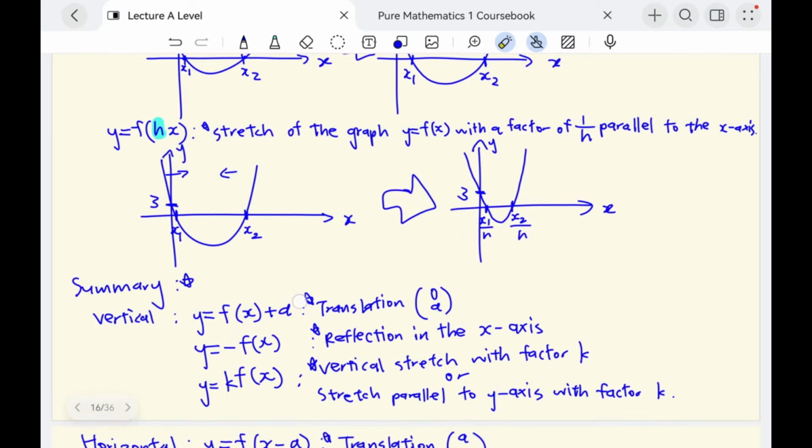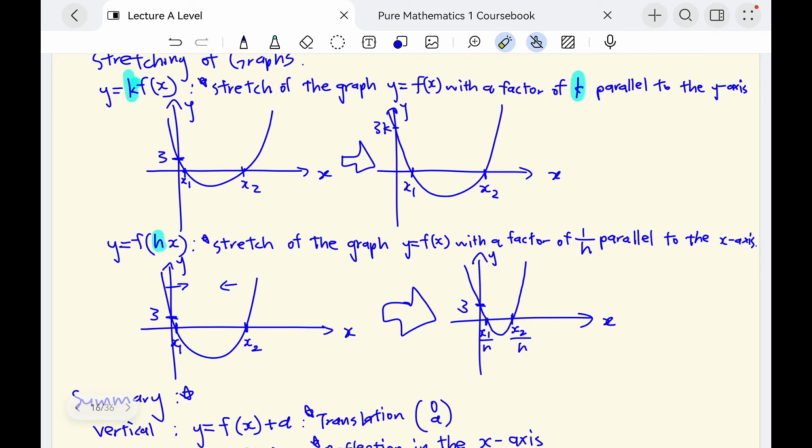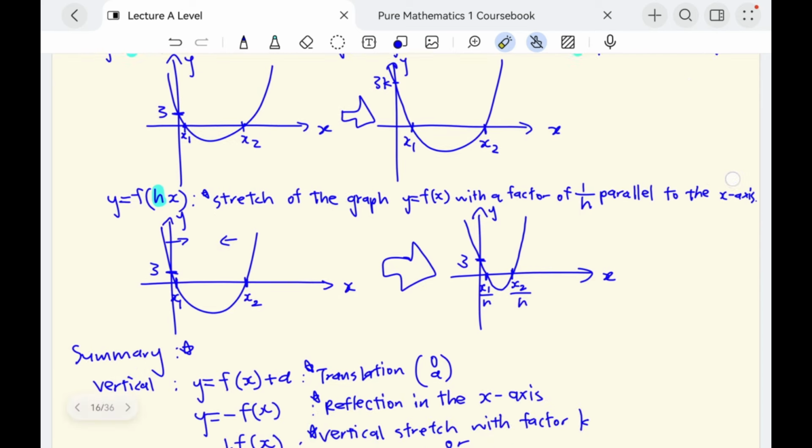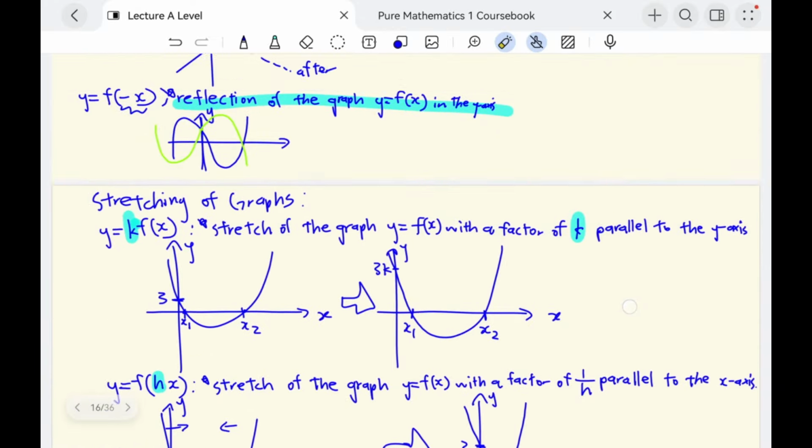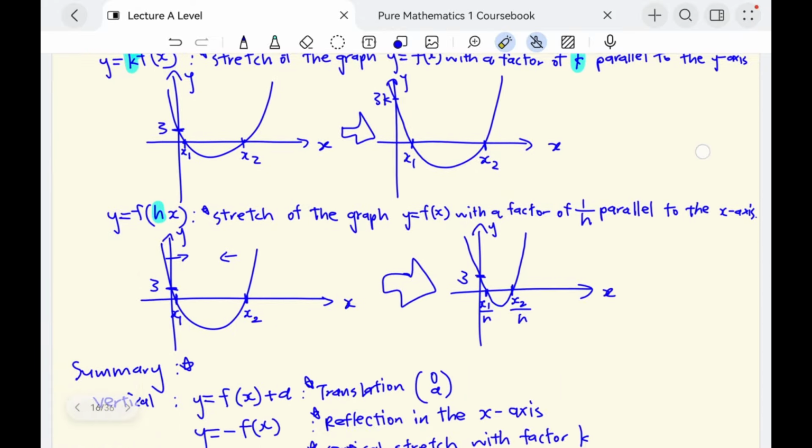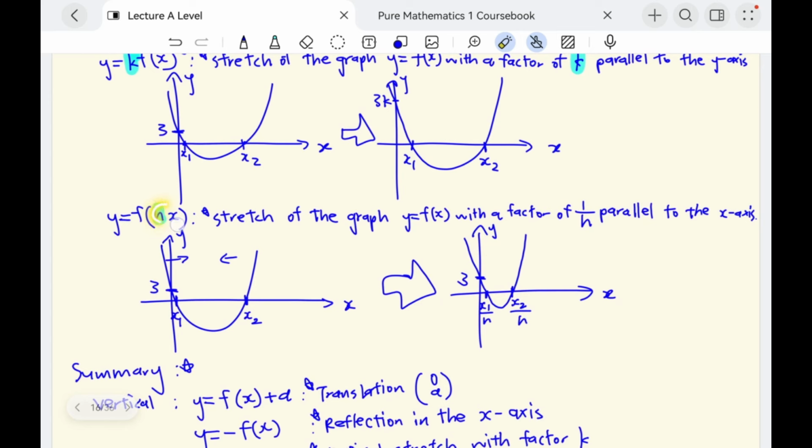So let's take a look at the parallel to the x-axis. Yeah, it is also different from the y-axis. Same as the translation. Okay. So when you times your domain by a constant h times, you have the stretch of the graph y equals to fx with the factor of 1 over h. Okay, which is the divide by h that is parallel to the x-axis. That means your domain will shrink for their respective and fixed codomain.